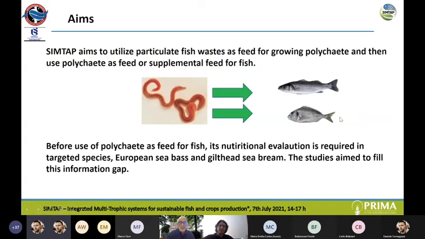The study is aimed to fill the information gap in terms of nutritional value of polychaete. Of course, Baldessara conducted very good experiments, and then he gave us very good information and explanation in terms of the nutritional value of polychaetes as well as other animals, including mussel.